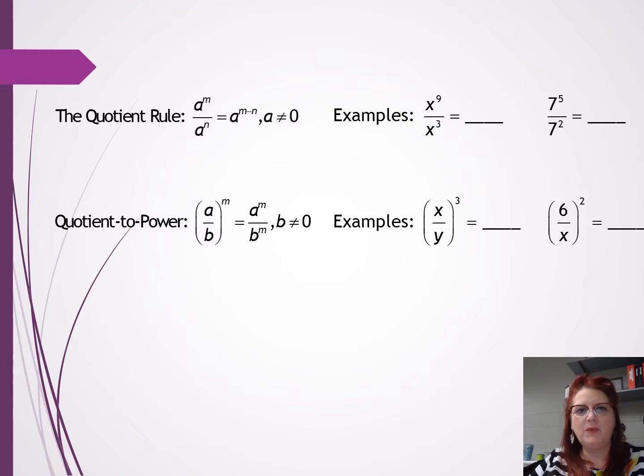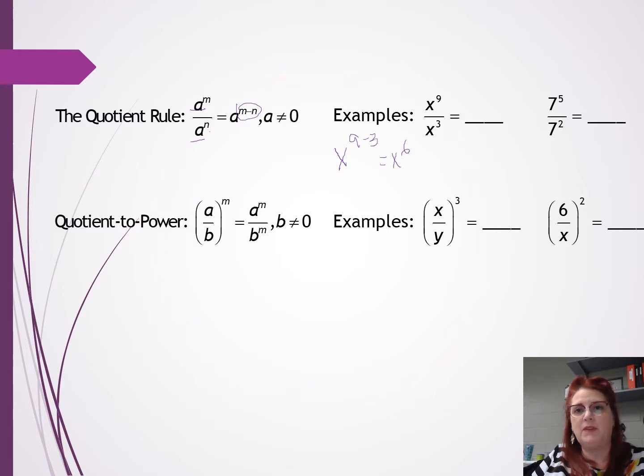We have a couple more rules. We've got the quotient rule, which if we have a base raised to an exponent divided by the same base raised to another exponent, we're going to subtract the exponents. So on the example, we have x raised to the 9th power divided by x to the 3rd power. We're going to just subtract those, and it becomes x to the 6th power.